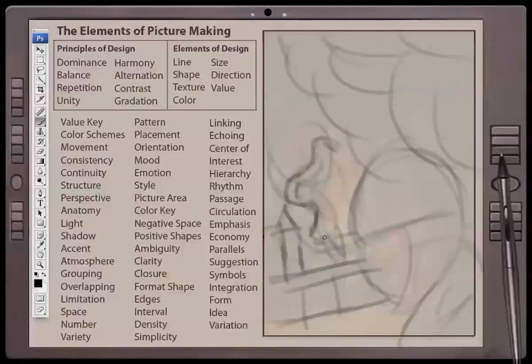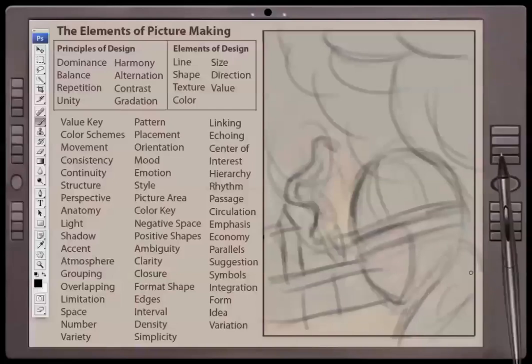I'm not going to spend the time sketching all of this out. I've already done that, and I've already done the rough color sketch, which I'm going to show you in a moment. So I'm going to jump ahead and show you what that looks like. But you can see here in this rough drawing all of these curved lines, which become dominant because there are more curved lines than there are straight lines.